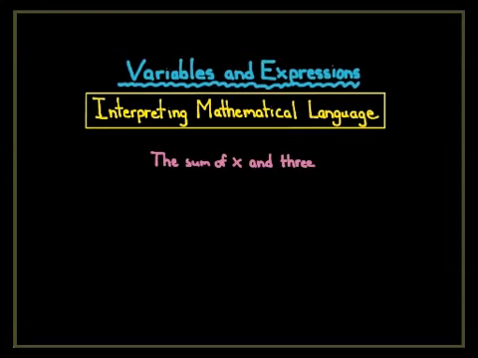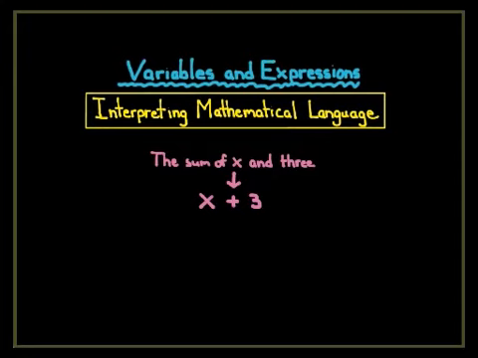Well, we know that an algebraic expression has 3 parts. It has a number, a variable, and an operation. Well, the number and the variable are easy to point out here, but where is the operation? If you happen to know your math language, you would know that sum refers to addition. So we would have x plus 3.